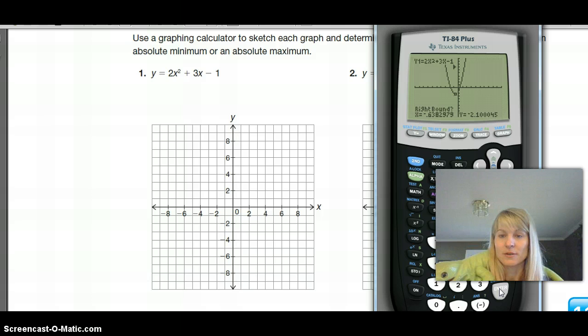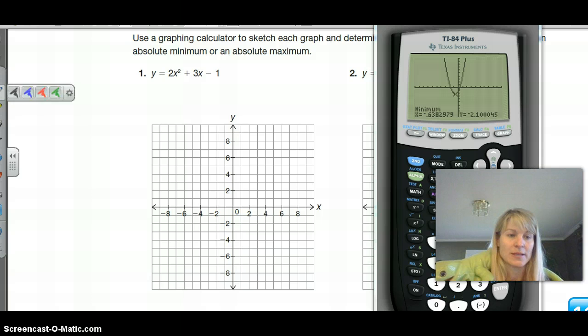We're going to hit enter, enter, and enter, and it tells us right about where that vertex is. So this one's about -1/2 and -2. So we can go ahead and put our points at -1/2 and -2, which is about here.